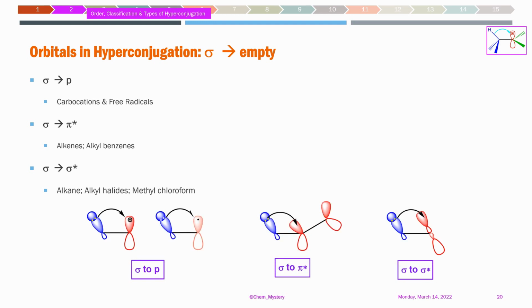This is the filled pi molecular orbital, like the occupied molecular orbital, and here we have the empty sigma star. So electrons are going from the pi orbital into the sigma star orbital. That is the case of the benzyl halide, and that is basically one of the cases of the reverse or negative hyperconjugation as well, what we have just seen.